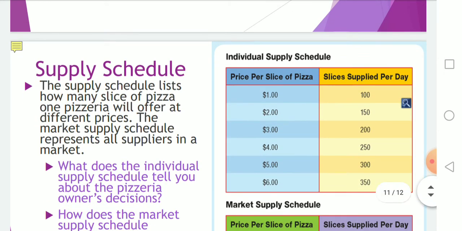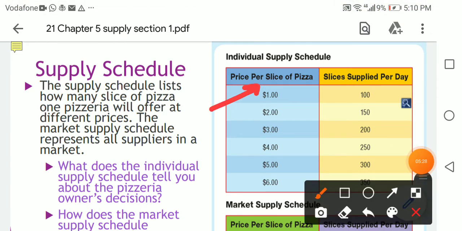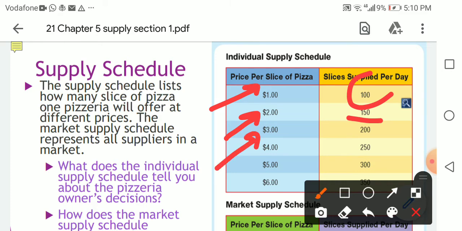Here I have the supply schedule. When the price was 1 for a slice of pizza, slices supplied per day were 100. When it was 2, it became 150 because he wants to gain more and more profit. So I have 3, so here the quantity supplied is 200 and so on.